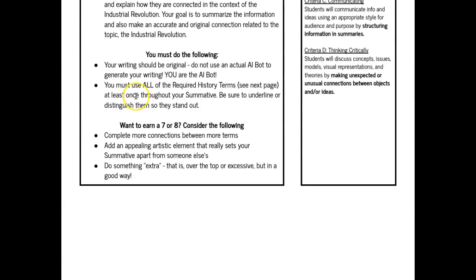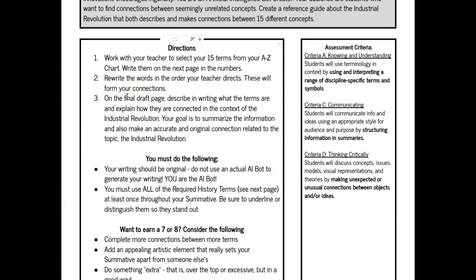Let's go back to the directions. Number 3. On your final draft page, describe in writing what the terms are and explain how they are connected in the context of the Industrial Revolution. Your goal is to summarize the information and also make an accurate and original connection that is related to our topic, the Industrial Revolution.